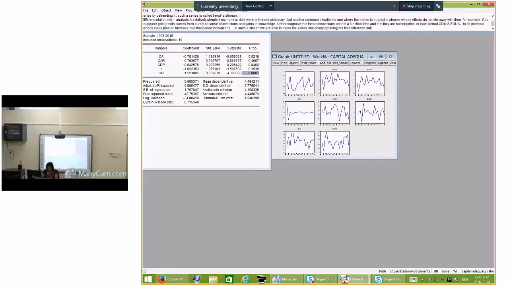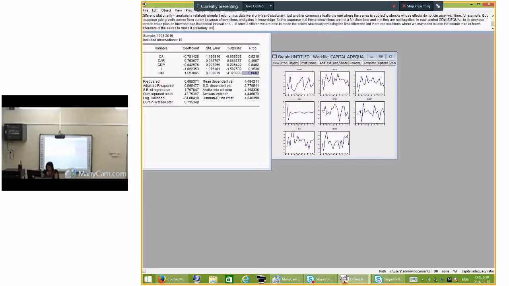But there are occasions where we may need to take the third or fourth difference of the series to make it stationary.